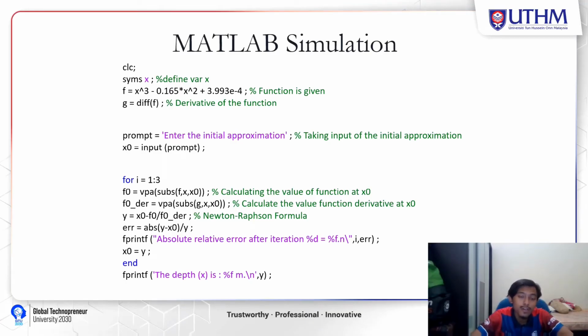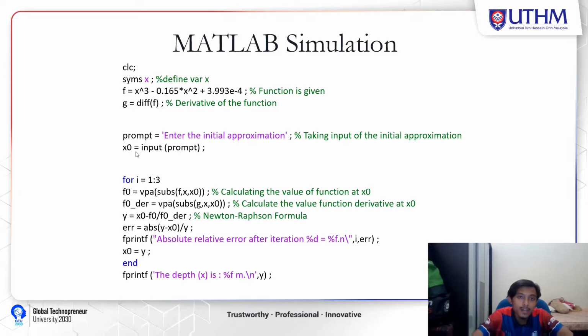Thank you, Farhana Arisya, for the manual calculation. I will proceed to the MATLAB simulation. Basically this is the code that we use in the project. We define the variable x using syms, and the value of f is x^3 - 0.165x^2 + 3.993 × 10^-4, which is given in the proposal.